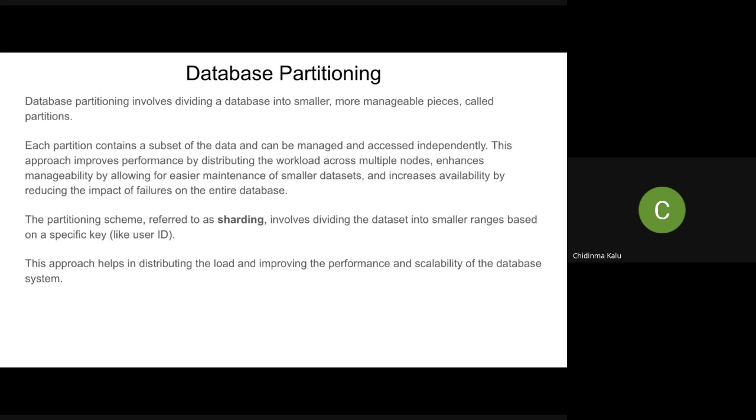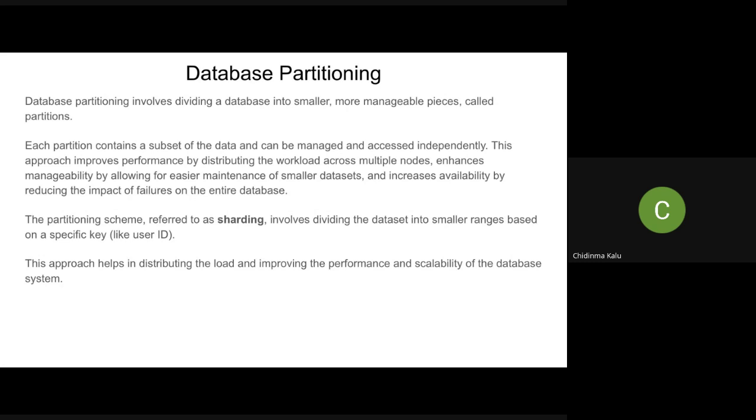Yes, so basically each partition contains a subset of the data and can be managed and accessed independently. This approach improves performance by distributing the workload across multiple nodes, and increases availability by reducing the impact of failures on the entire database.